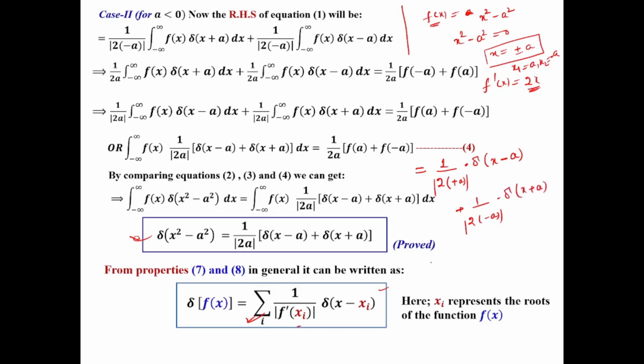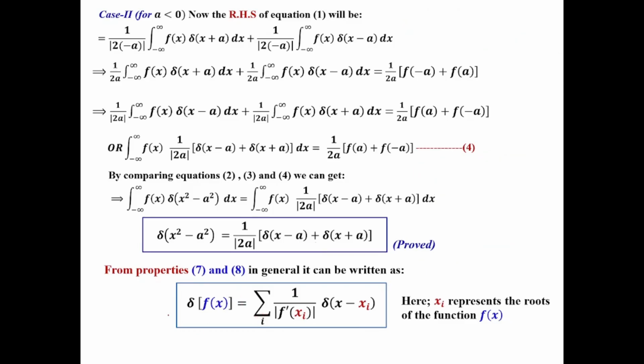So finally what we get here: the mod of plus a and minus a is the same, so we can write 1 by 2 mod a times delta(x minus a) plus delta(x plus a). Remember this expression, it is very essential whenever we do numericals. At that time you will find this expression is very essential.